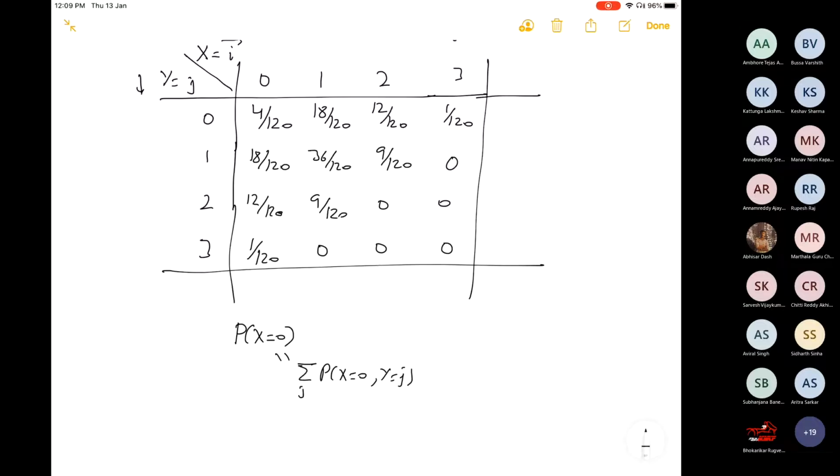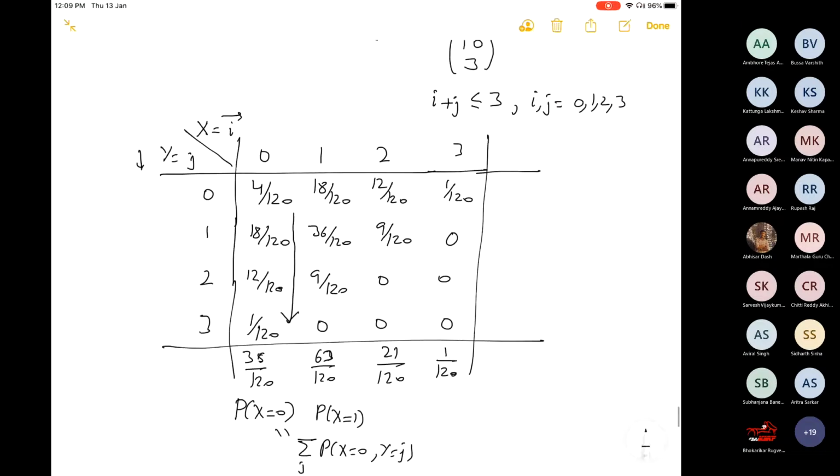That means summing these probabilities, you will get the probability X is equal to 0. That will be 35 by 120. Similarly, probability X is equal to 1 is 63 by 120. This is 21 by 120. This is the probability X is equal to 3, which is 1 by 120.